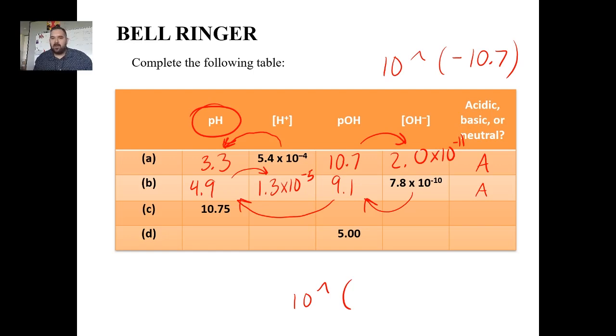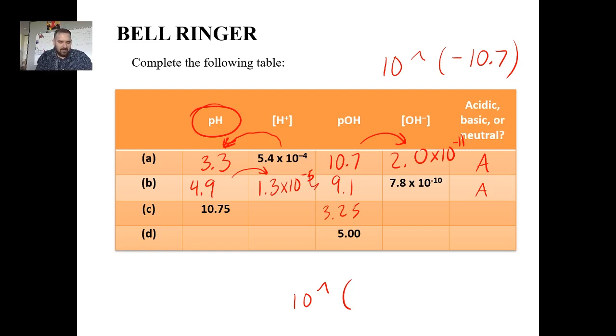All right, so let's go ahead and finish off the rest of this. For C, they give us our pH, and we can use that to calculate our pOH. So we're just going to do 14 minus 10.75. That's going to leave us with 3.25. And then we can use both of these to calculate our H plus and OH concentration.